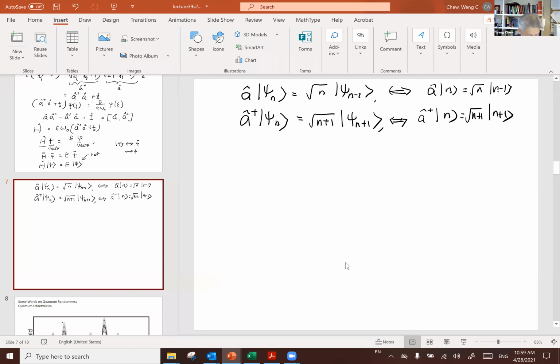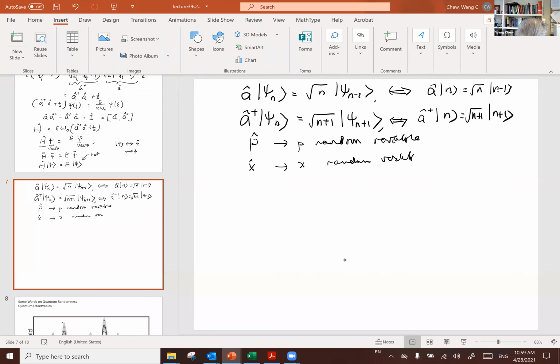So if you have anything such as the momentum operator in the quantum world, p becomes a random variable. Okay, if you have a position operator in the quantum world, this x actually becomes a random variable.